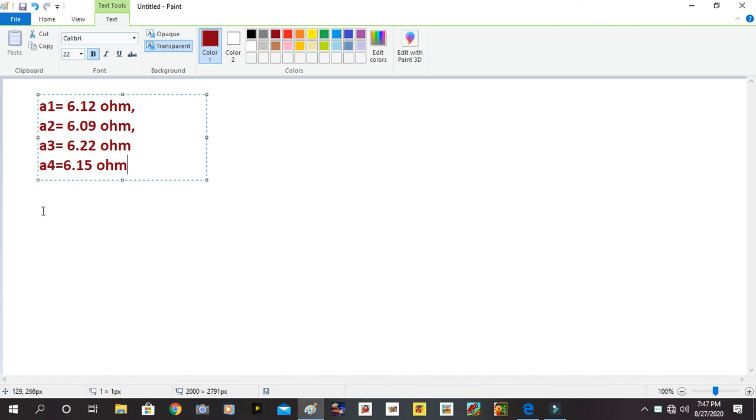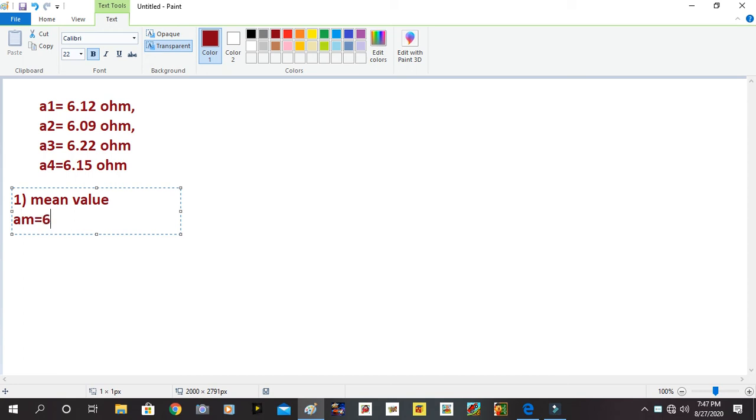Now we have to first find out the mean value. AM is equal to the addition of all, that is, you will write 6.12 plus 6.09 plus 6.22 plus 6.15, and it should be divided by 4.